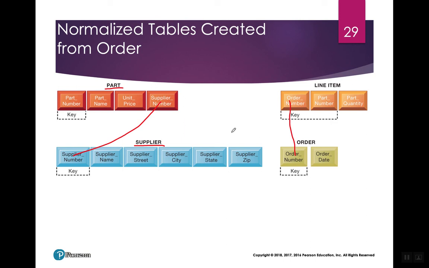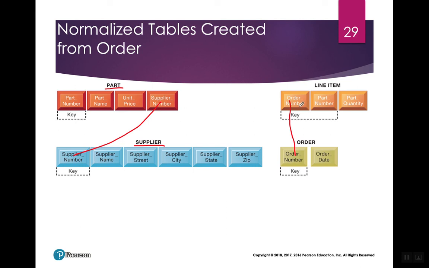Think about when you buy something at Amazon. You can buy one to an infinite number of items in the order. So you have a minimum of one item you order, but you can do multiples, you can do many. So by creating this, I have a relationship of a single order with multiple line items.